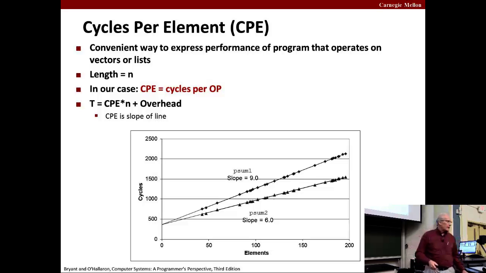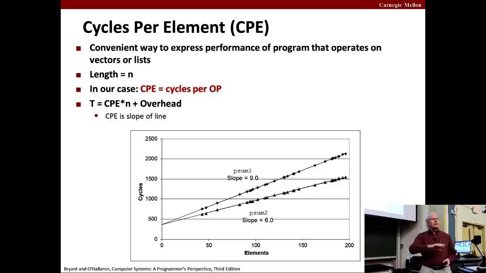So now to express performance of this, we're going to use a metric I introduced called CPE, which stands for cycles per element. And the idea is that usually when you write code that steps through a vector, anything that has some linear performance as you get bigger, you don't really want to know exactly that it takes this many seconds or microseconds or nanoseconds to do an operation. You kind of want to know more its overall performance characteristics.